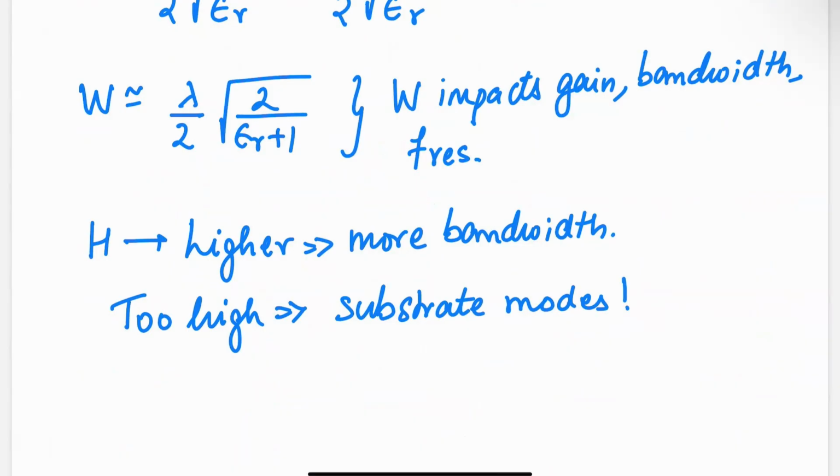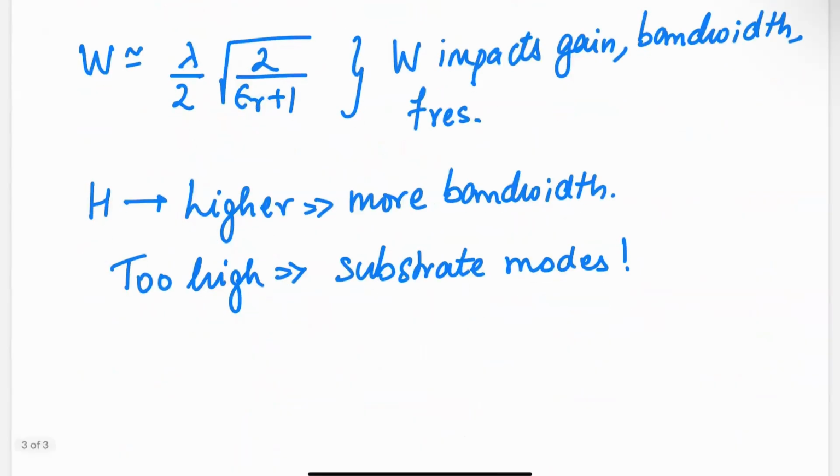Okay. Another reason is that if you have a feed line, let's say a microstrip line on the same side as the patch, we'll discuss feeds next. The microstrip transmission lines can become lossy because they also start radiating.